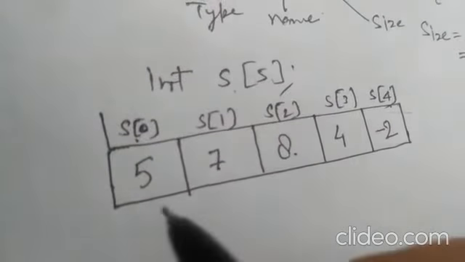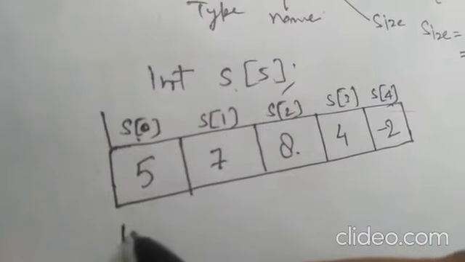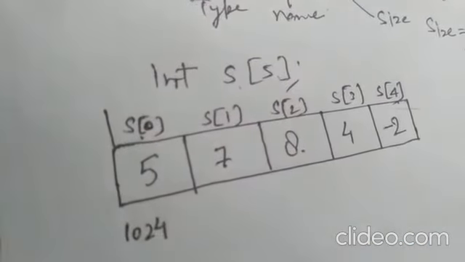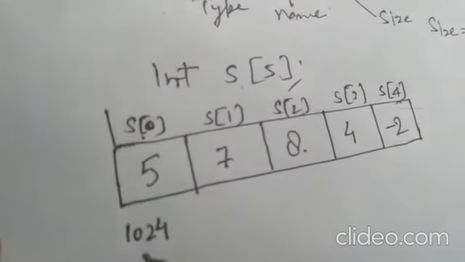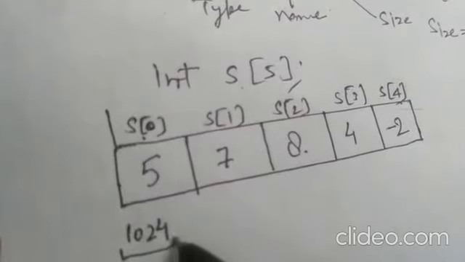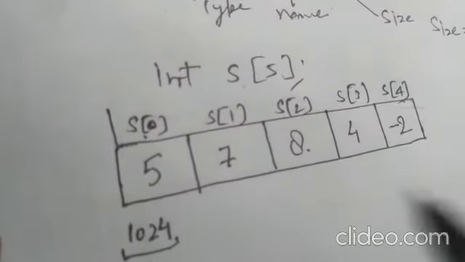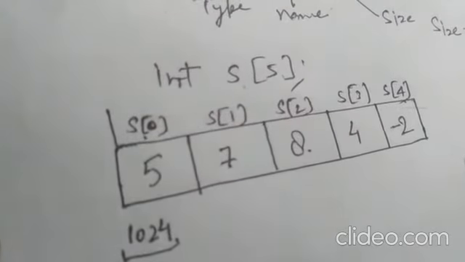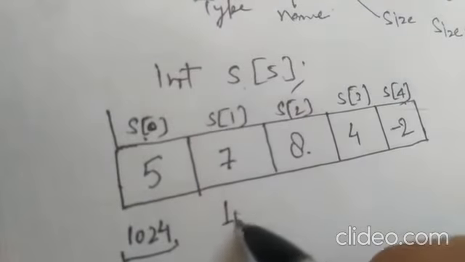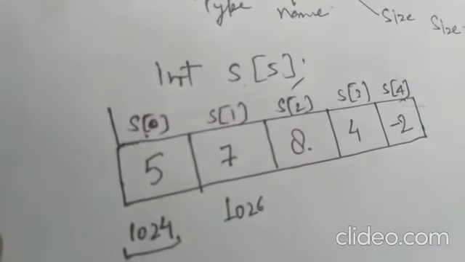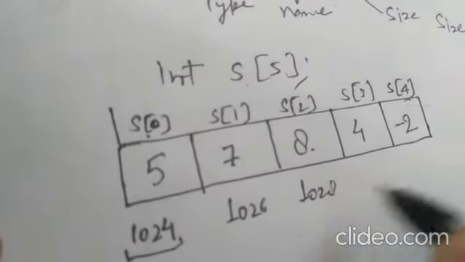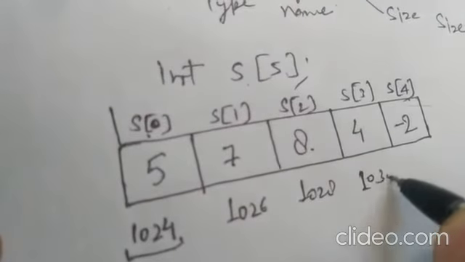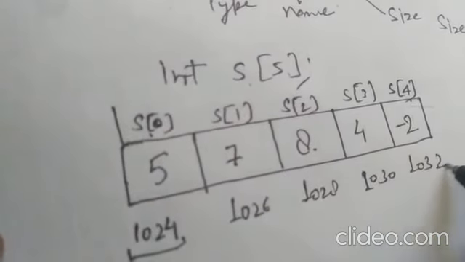Let us talk about their addresses and memory arrangement. If we assume that the first element, the starting element of this array, is located in memory at address 1024, because a single integer occupies 2 bytes, the next will obviously be 1026, then 1028, then 1030 and 1032.